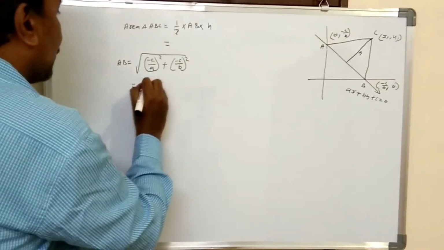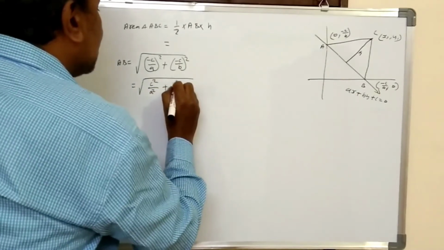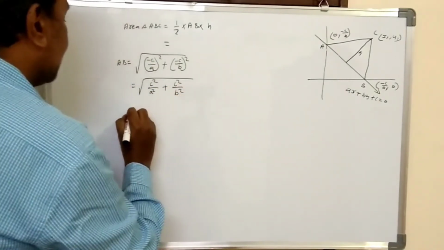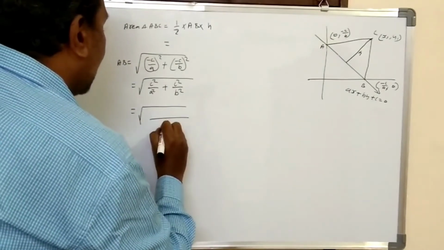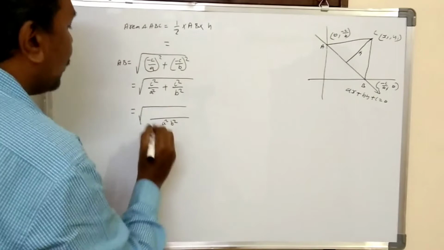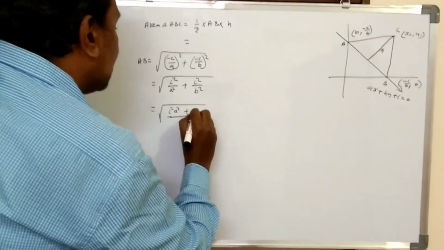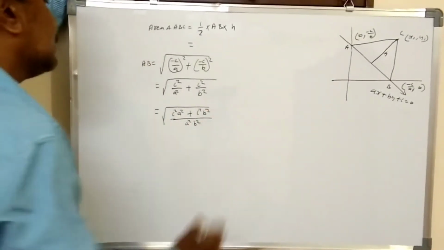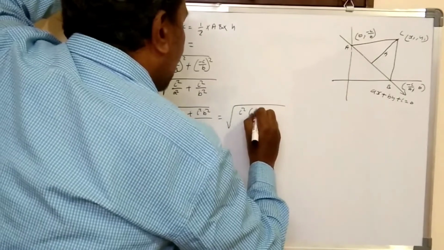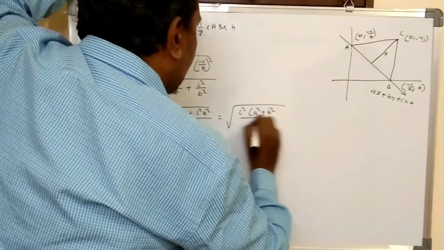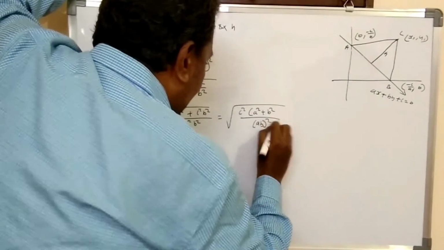That becomes square root of c square by a square plus c square by b square. Now simplify this. The denominator becomes a square b square and the numerator becomes c square a square plus c square b square. Inside you take c square as common. c square of a square plus b square by a square b square, which can be written as ab whole square.